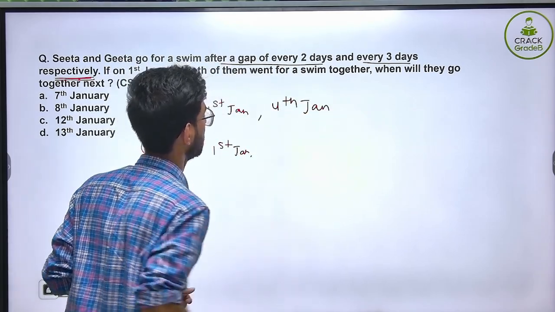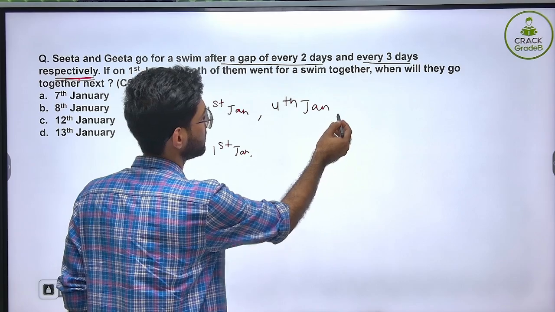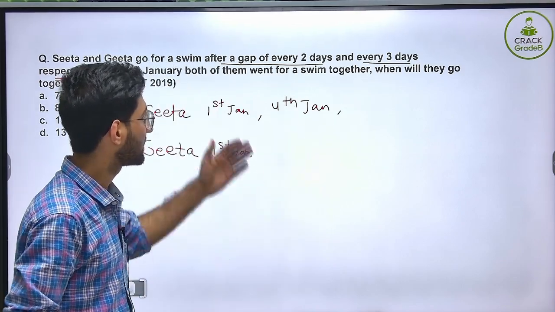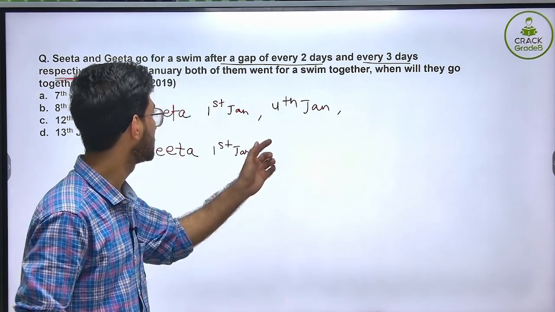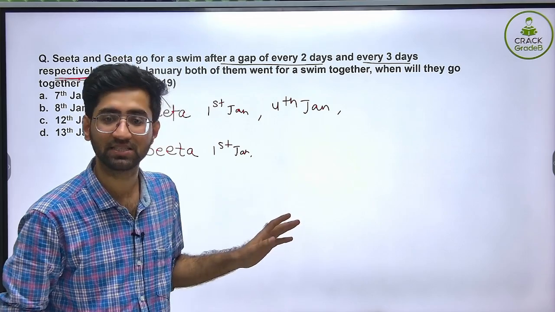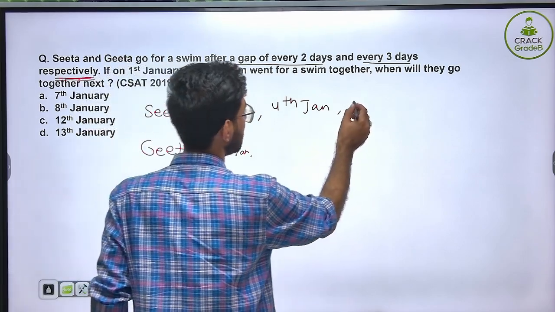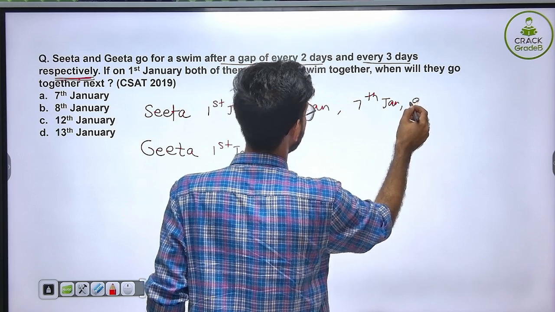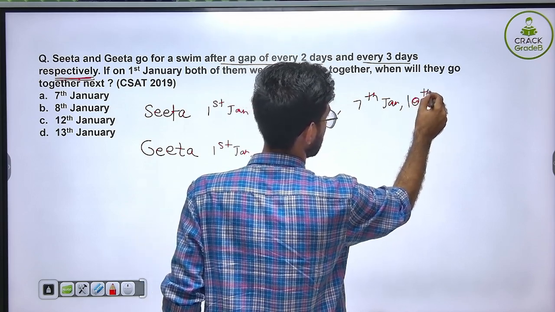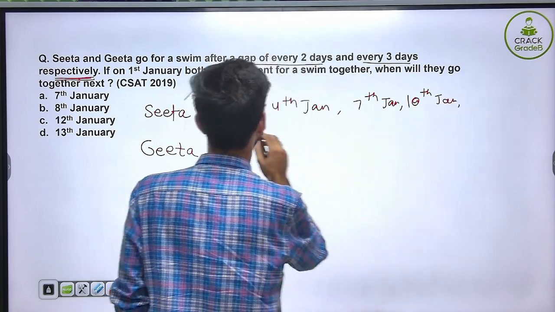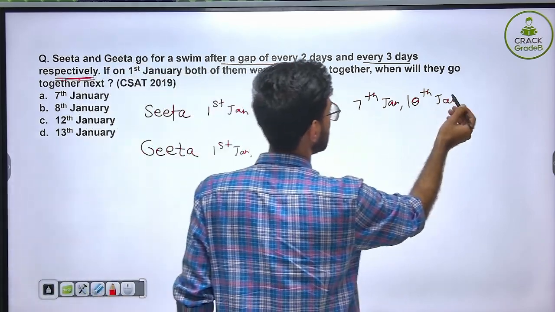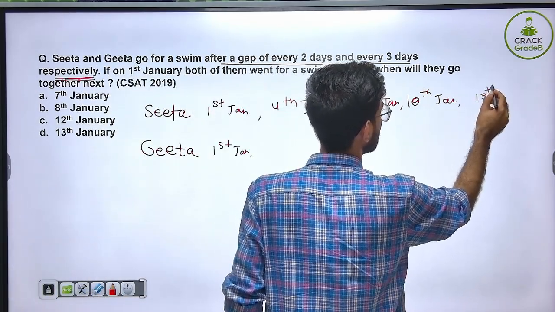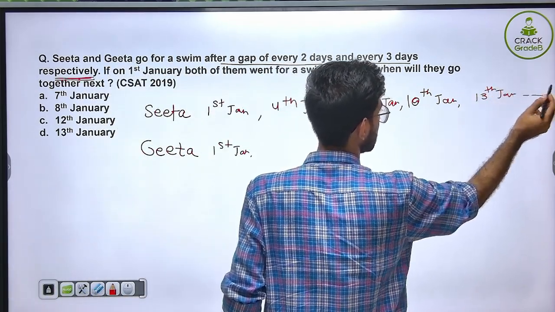Now, if Sita is taking the gap of 2 days, Sita will not go on 5th and 6th. Means Sita will go on 7th. Then Sita will go on 10th. Now you can find a pattern: 1st, 4th, 7th, 10th, then obviously 13th, and in similar way.